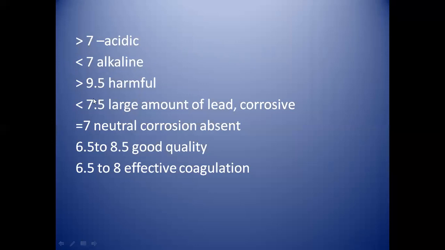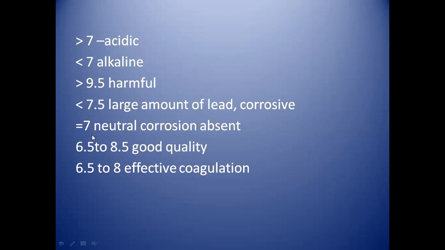When the pH of water is greater than 9.5, then this water is harmful, that is, it is not used for drinking. When the pH of water is less than 7.5, then this water contains a large amount of lead and is corrosive. Water which has pH less than 6.5 is highly corrosive water.